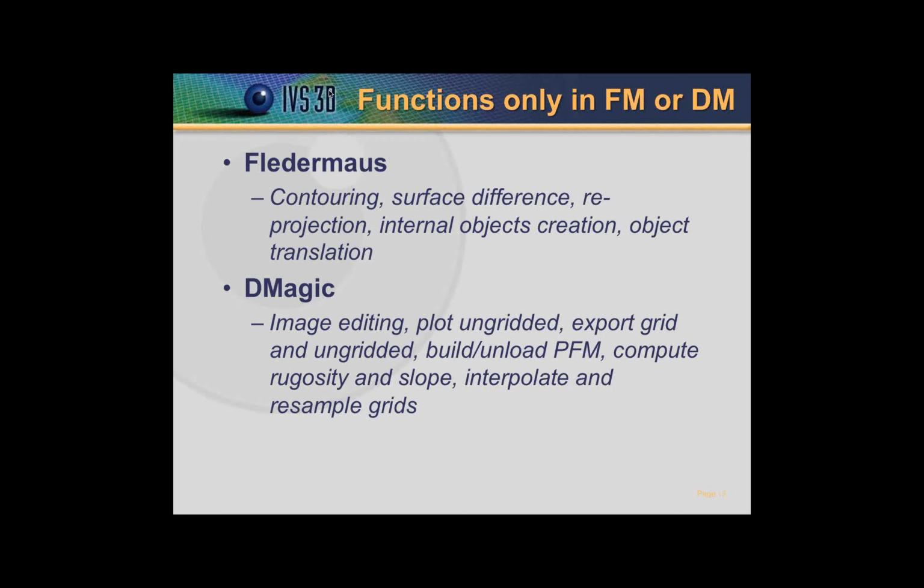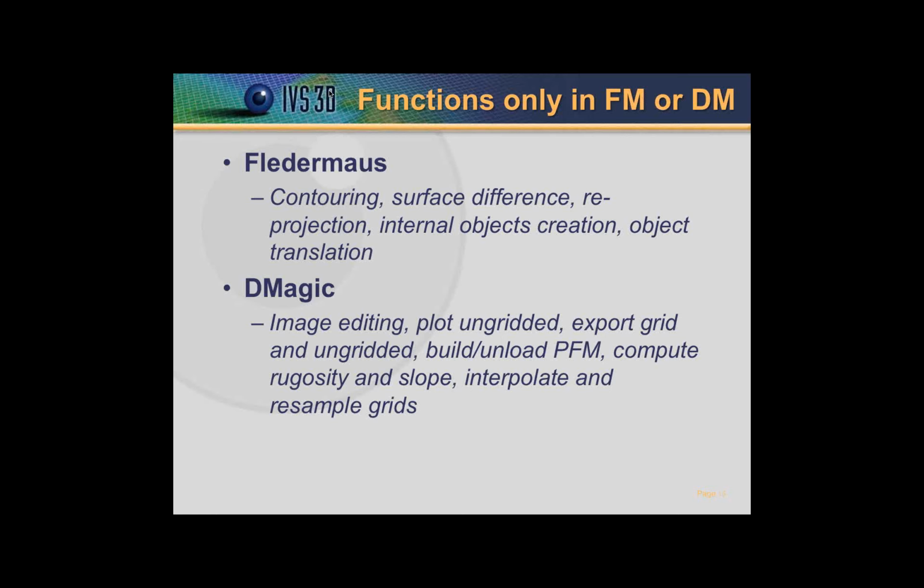Okay, thanks, Aaron. So having said that, simple workflow is really all within Fledermaus, and then the more complicated project management workflow of keeping your source data organized is within DMagic. There are some things that you can only do in one or the other. Some of those are being rationalized where it's appropriate, so they'll be in both, but others will probably stay separate.